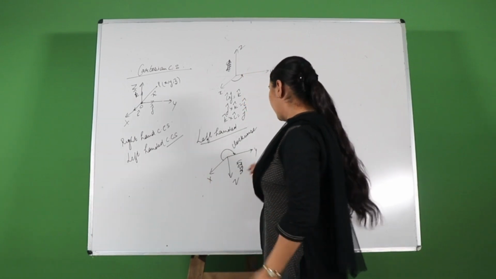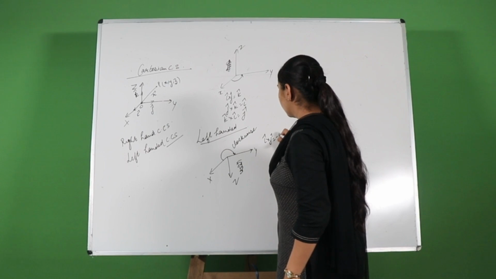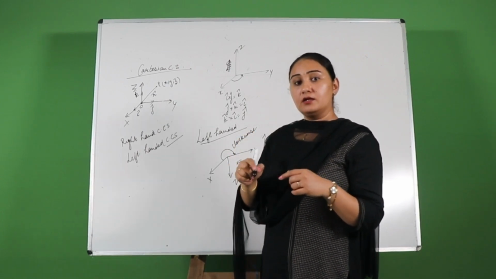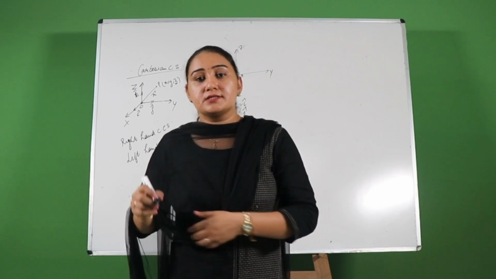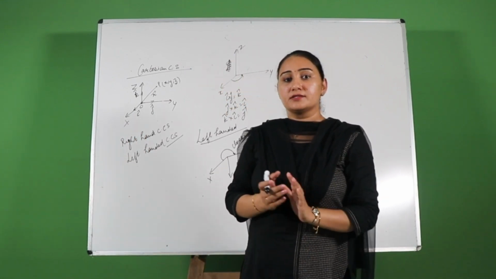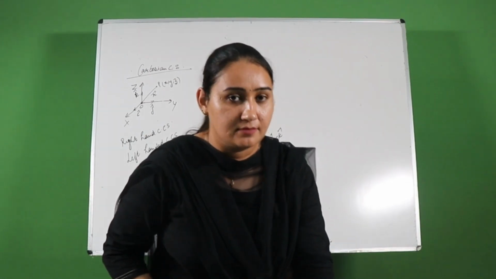And about the unit vectors, we will have i cross j equal to minus k, because now the rotation is being reversed. So this is about the left-handed Cartesian coordinate system. So these are two types of Cartesian coordinate systems.